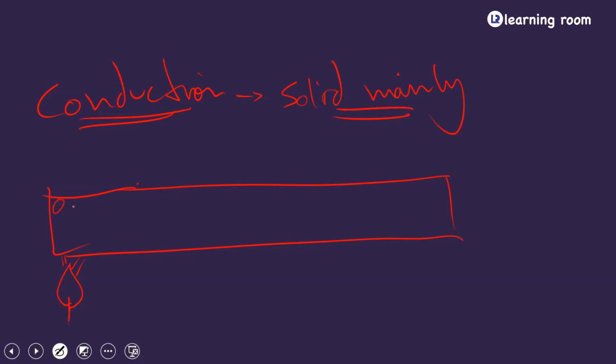There are atoms and molecules, or you can just call them particles, present inside this that start gaining energy and they start vibrating. Each of these starts vibrating. Understood? In a solid, the particles cannot freely go here and there because they are stuck in their place. It is tightly packed.